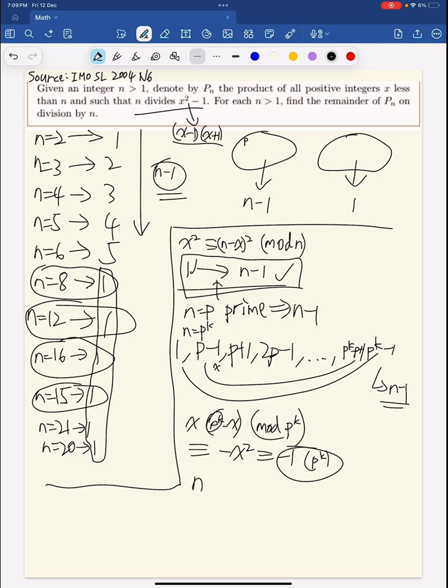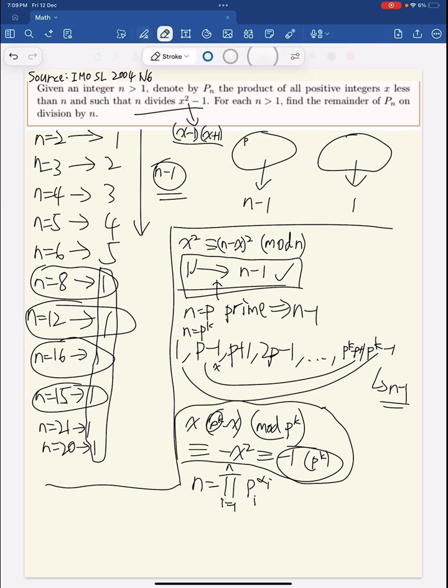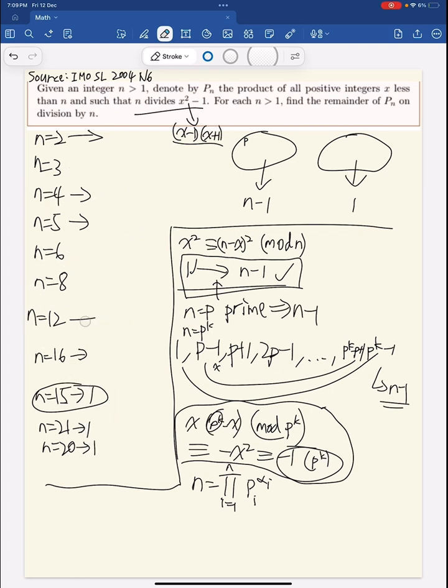Now if n is more general, say it's a product over i equals 1 to n of p_i to the alpha_i, maybe we can split them into these cases. Let's erase all of this, that's just experimenting.